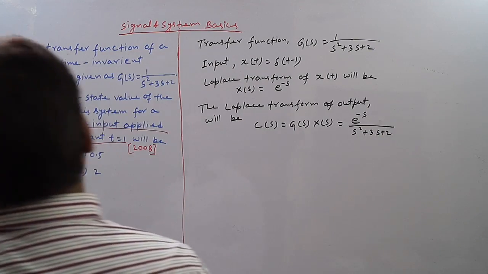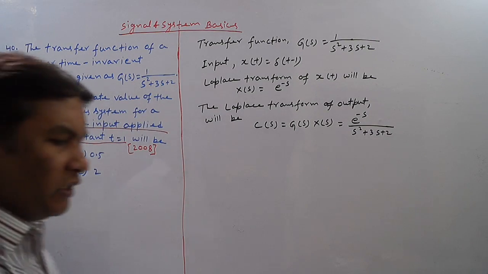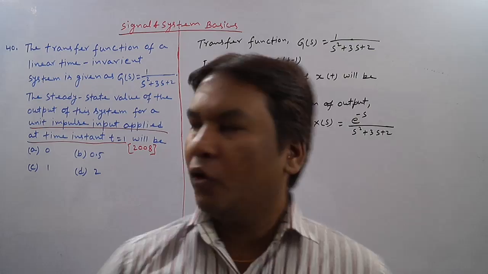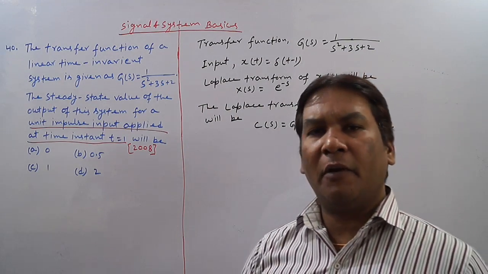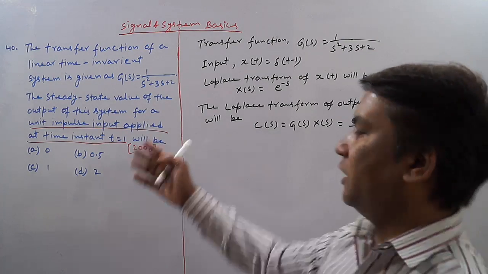And the question is asking about the steady state value of the output. So a steady state value means final value. So here we have to apply the final value theorem due to Laplace for getting the steady state value.